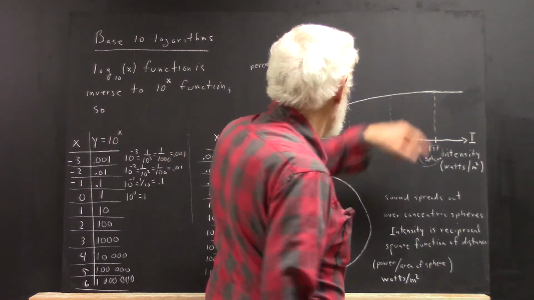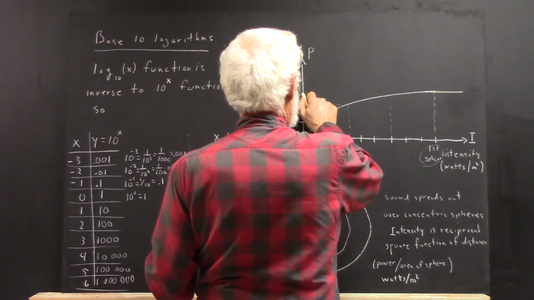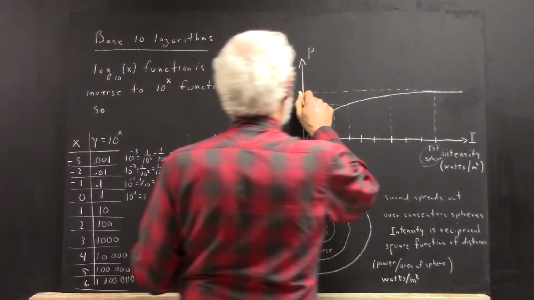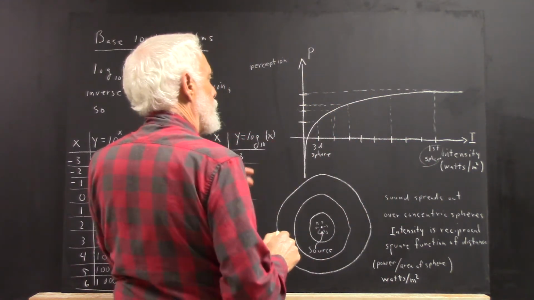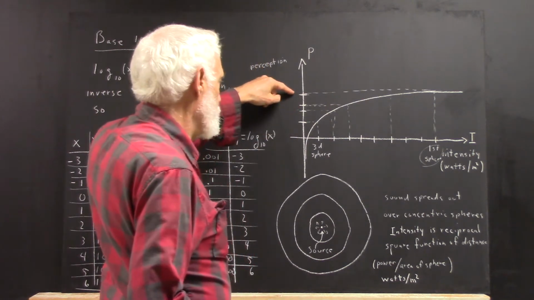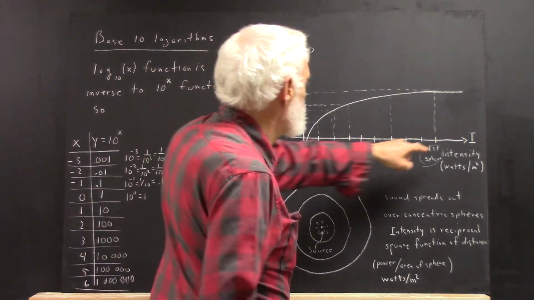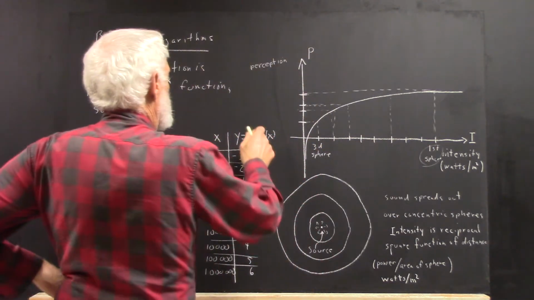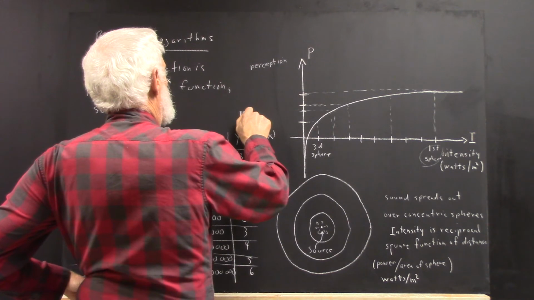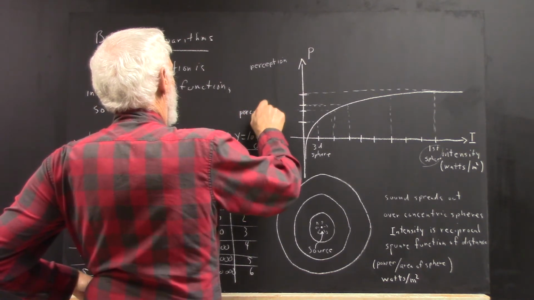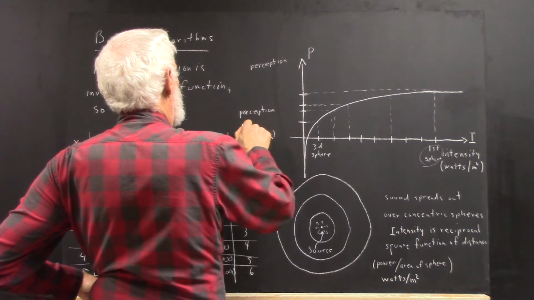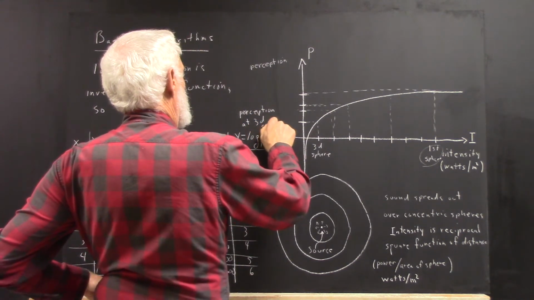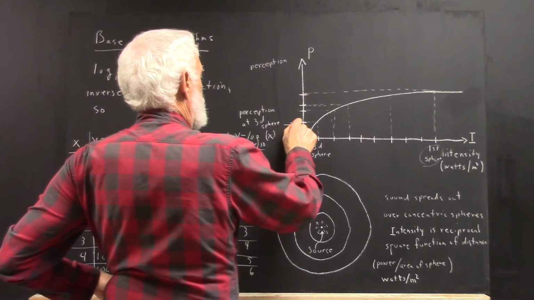Okay, intensity in the first sphere, perception of the first sphere, okay? Here's the intensity of the first sphere, here's the intensity of the third sphere. The perception at the third sphere is here.